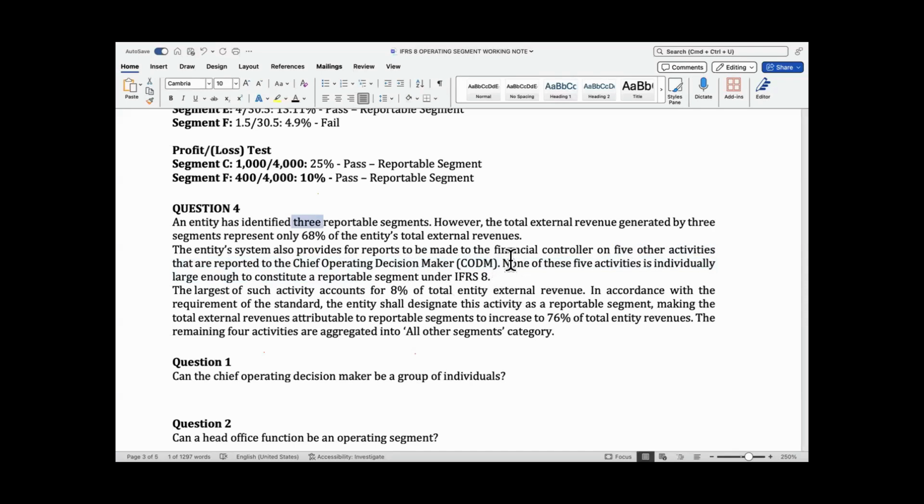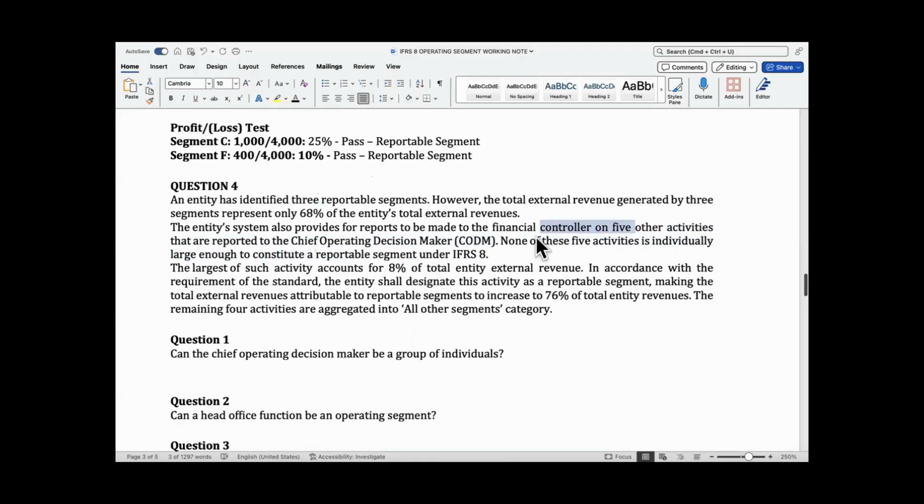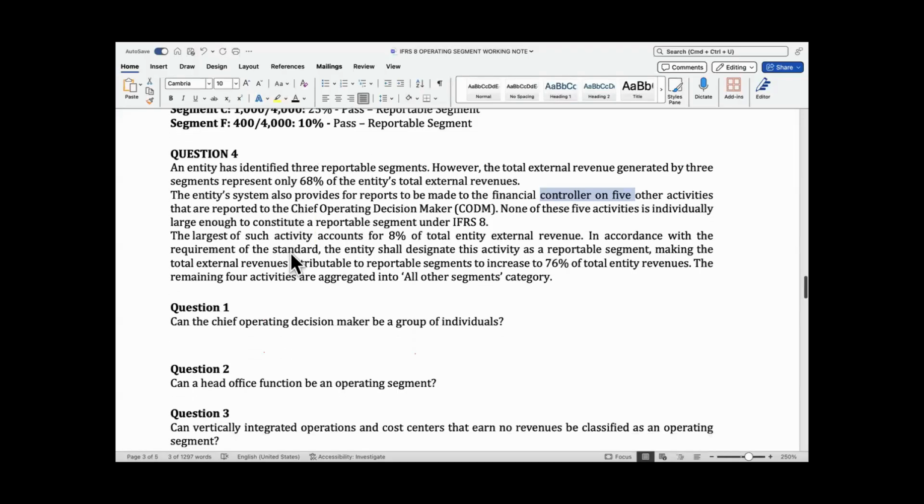They now said none of these 5 activities is individually large enough to constitute a reportable segment. So they now said the largest among them has 8% of the total segment revenue.